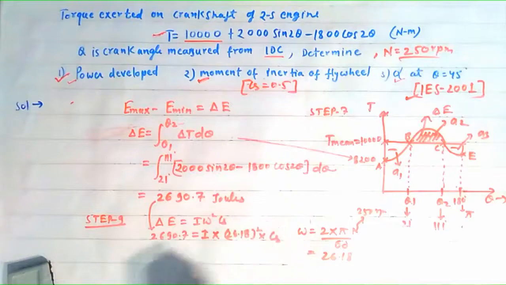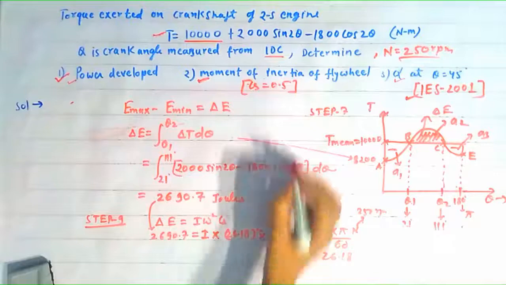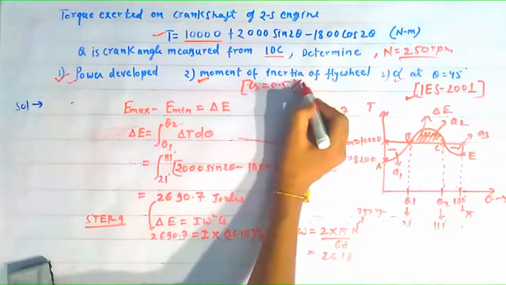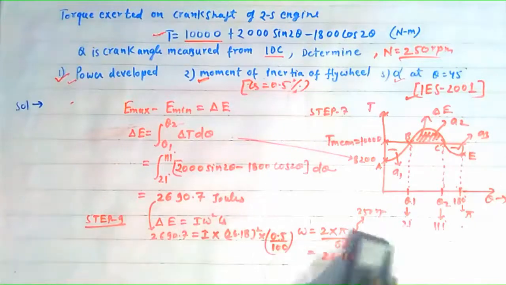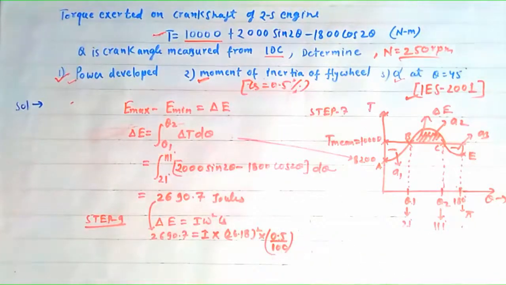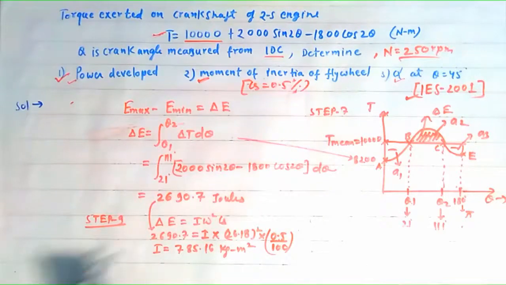So I will put the value of Cs as 0.5 divided by 100 in this expression, and I will get I equal to 785.16 kg meter square. This is the value of the moment of inertia of the flywheel.